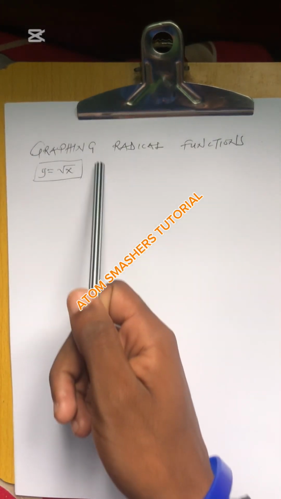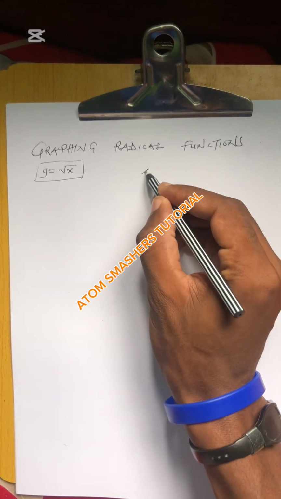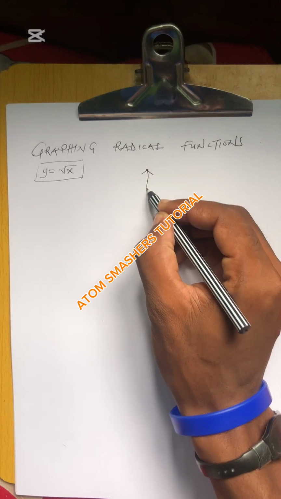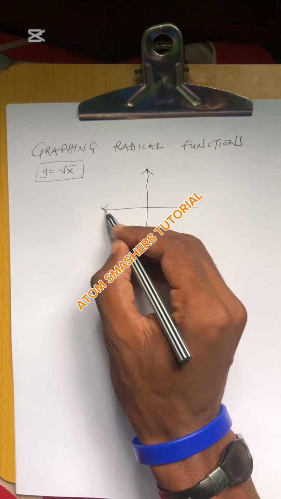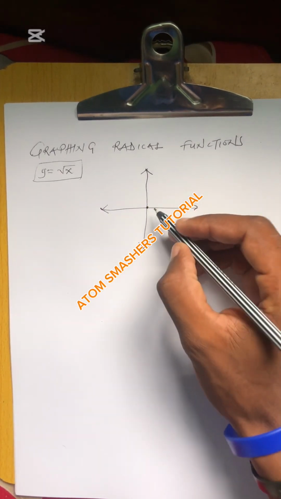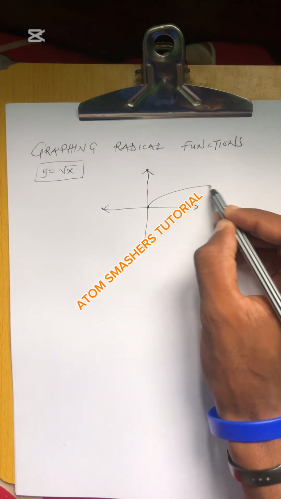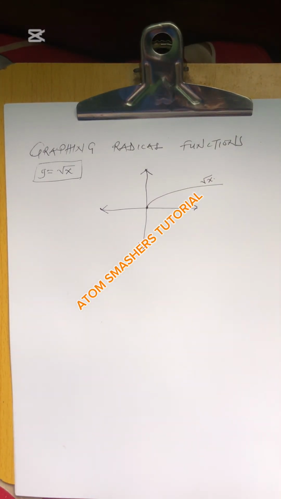For you to graph this, we all know that under the transformation rules, the general graph of the root of x comes out like this. This is the root of x, like that.